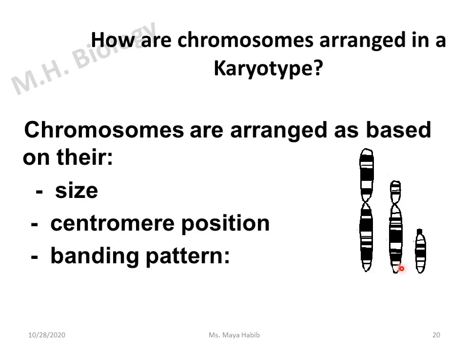And you can notice that different types of chromosomes have different banding patterns. So the banding pattern of chromosome number 1 of a human cell would be different than the banding pattern of chromosome number 2. So, in summary, we have learned that chromosomes are arranged based on their size, centromere position, and banding pattern.